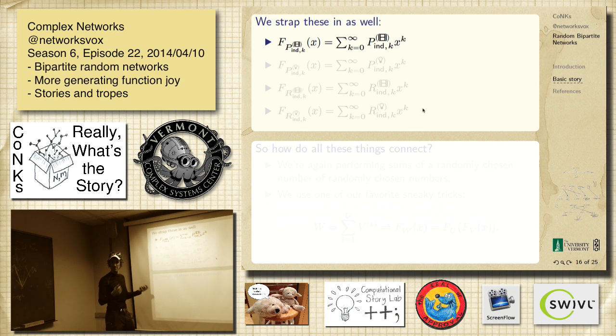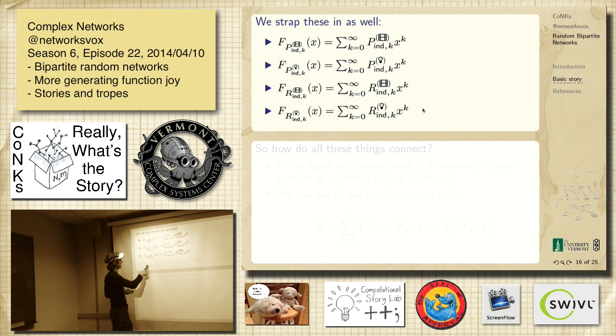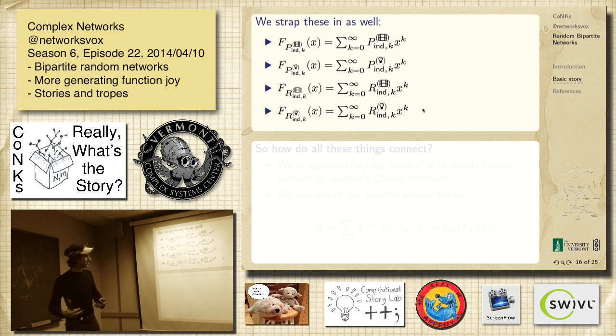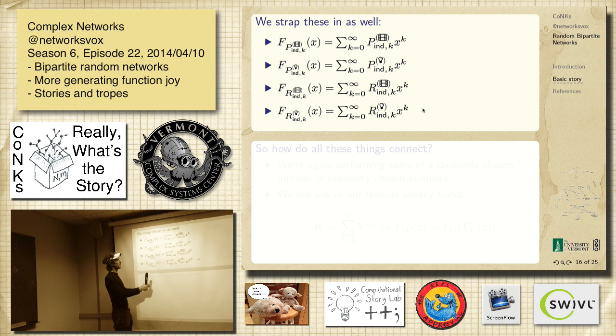We might not be able to get the whole thing. So we have these two, and we have the generating function for the probability that a node in either of these networks, when reached upon an edge, has k other friends. These are the crucial ones for figuring out if they're spreading in general or if there's a giant component.